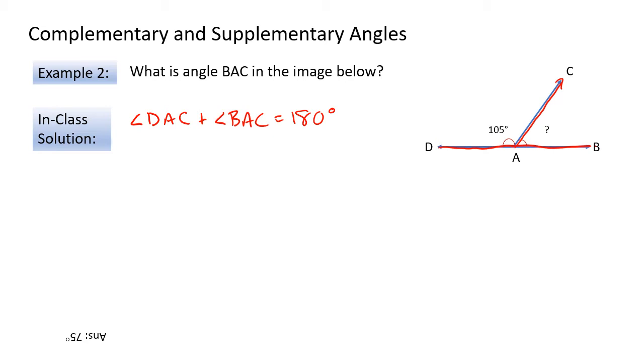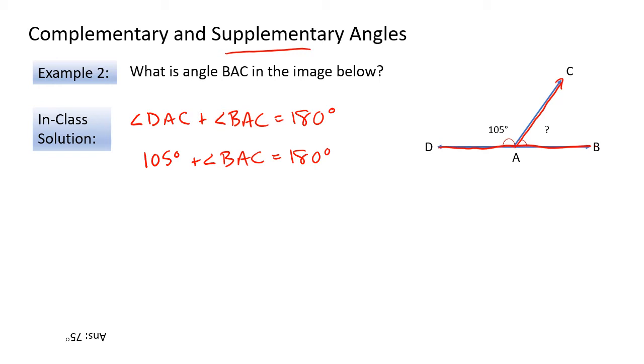So knowing the one angle, DAC, is 105 degrees plus angle BAC, that has to equal 180 degrees. Again, because these are what's called supplementary angles.